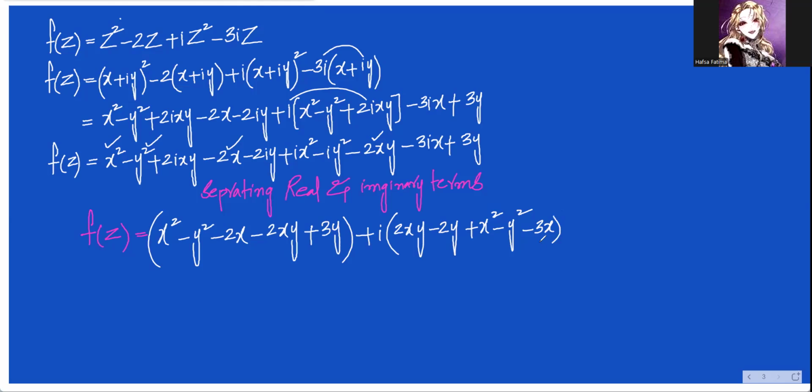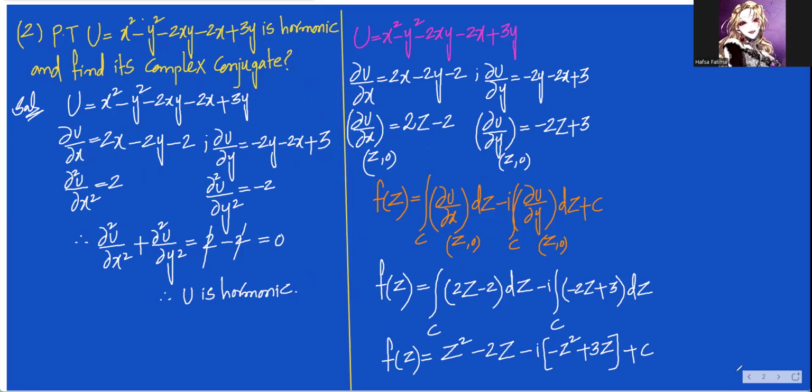Now look at the verification. This is actually u, and this is our complex conjugate v. Look at the previous page: x square minus y square, minus 2xy, minus 2x plus 3y.